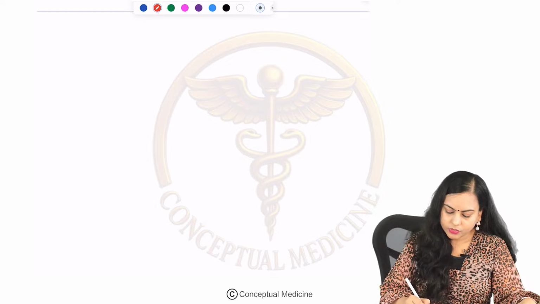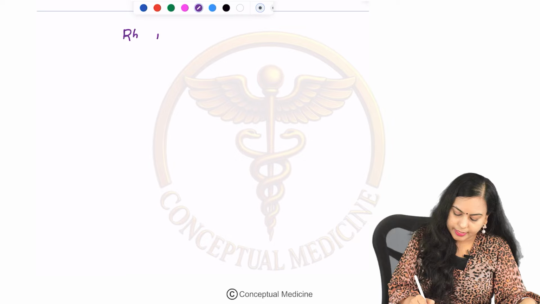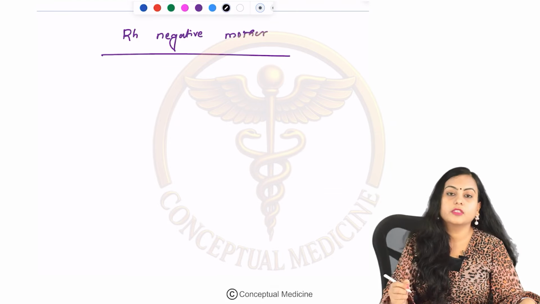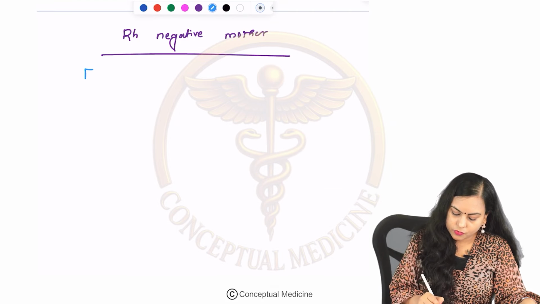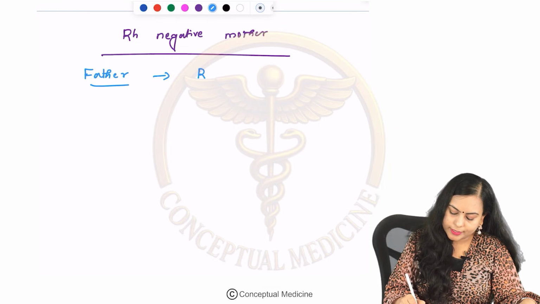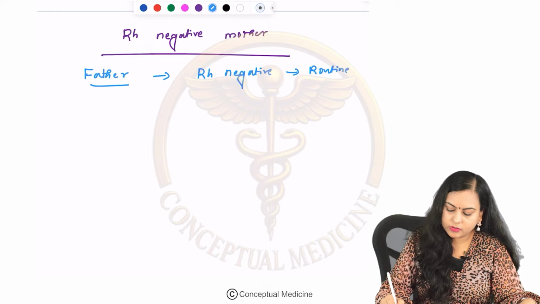Yes. So, whenever you have an Rh negative mother, you have to check the blood group of the father first, okay. So, when you check the blood group of the father, and if he also has an Rh negative blood group, then you will offer them routine care, okay.